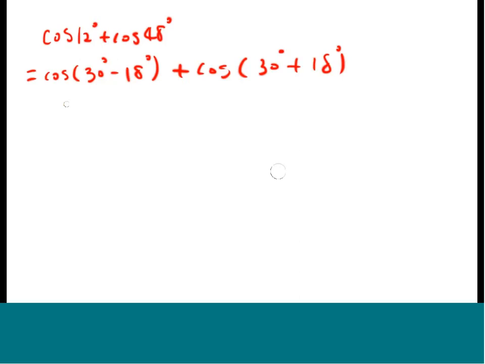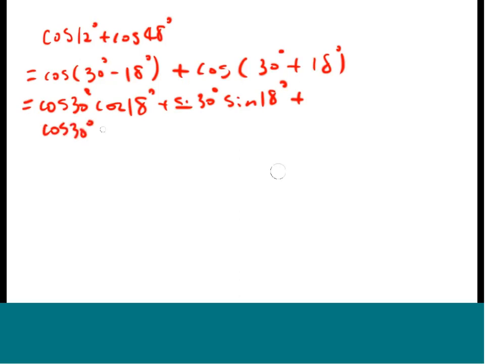So we just expand: cosine 30 cosine 18 plus sine 30 sine 18, then plus cosine 30 cosine 18 minus sine 30 sine 18, which is twice cosine 18 cosine 30.